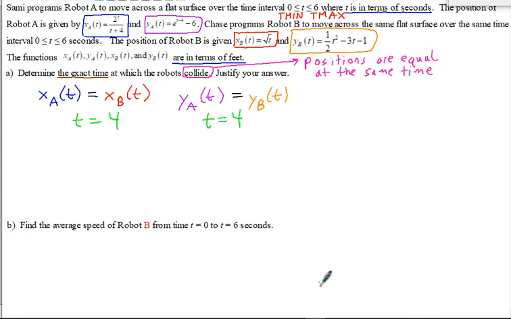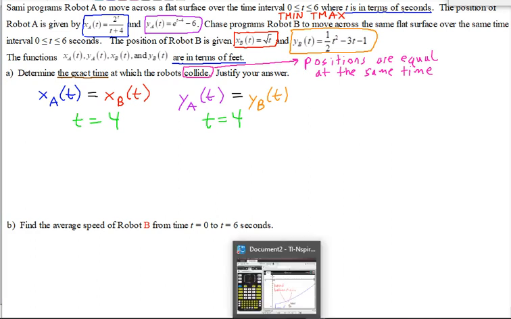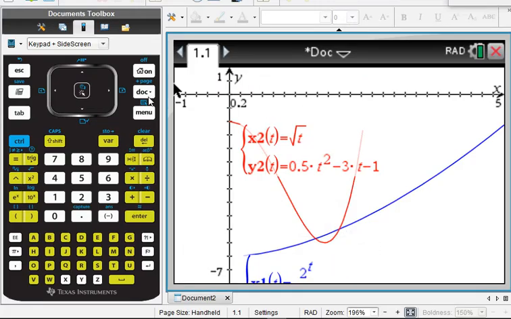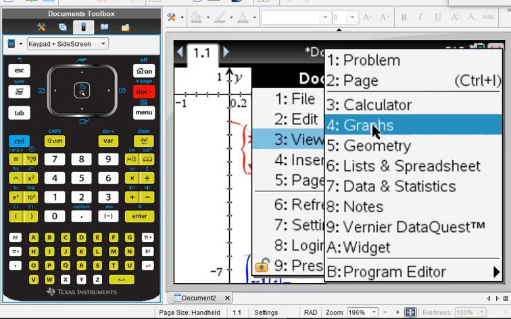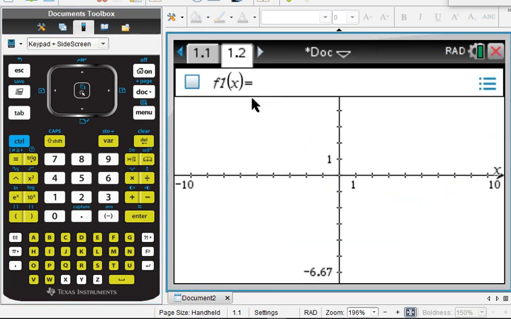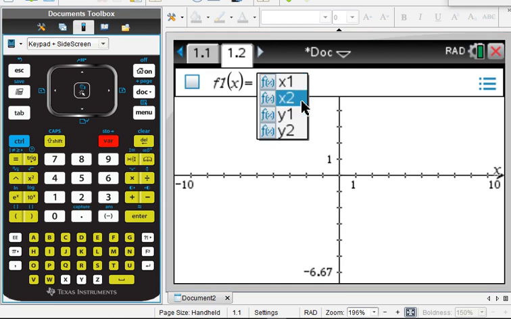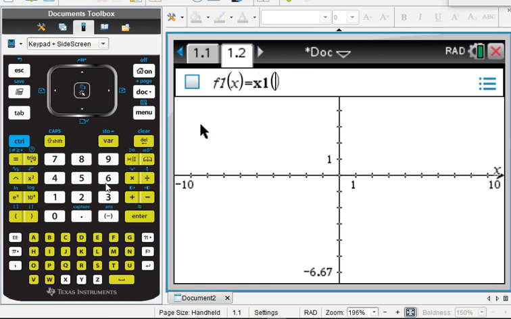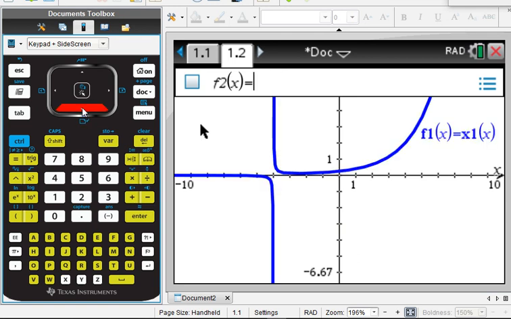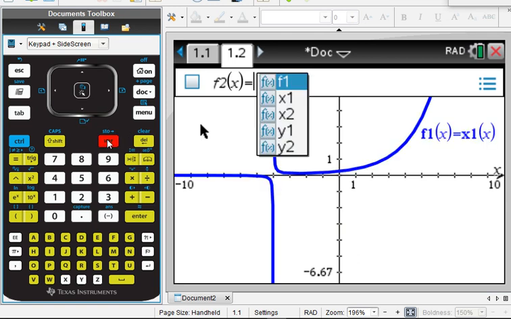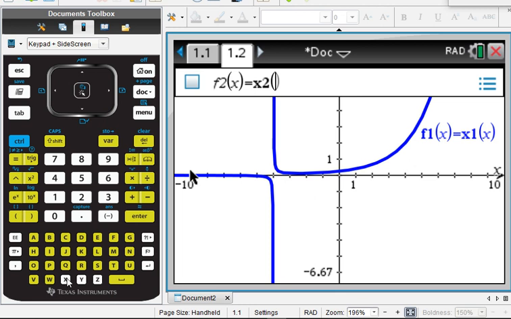We're going to justify it, but let's see how we do this on the Inspire real quick. So on the Inspire, you would just go doc, insert, graphs, another graph one. And then here again, we can go var for the x coordinates, x1 of x. And then down, F2, var, x2 of x.